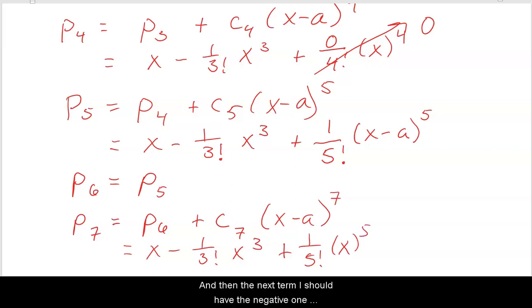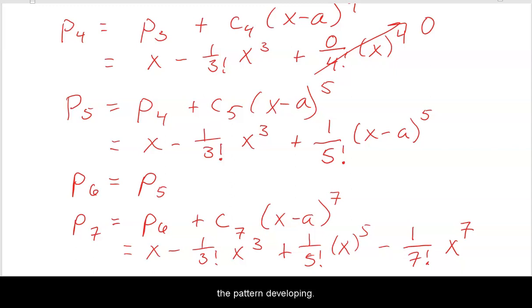And then the next term, I should have the negative 1 from the 7th derivative over 7 factorial times x to the 7th. You can see that by leaving it in the factorial form, I can see the pattern developing. I can see that the pattern now is that the signs alternate and the powers are odd numbers beginning with 1. And the denominators are also factorials on the odd numbers beginning at 1.